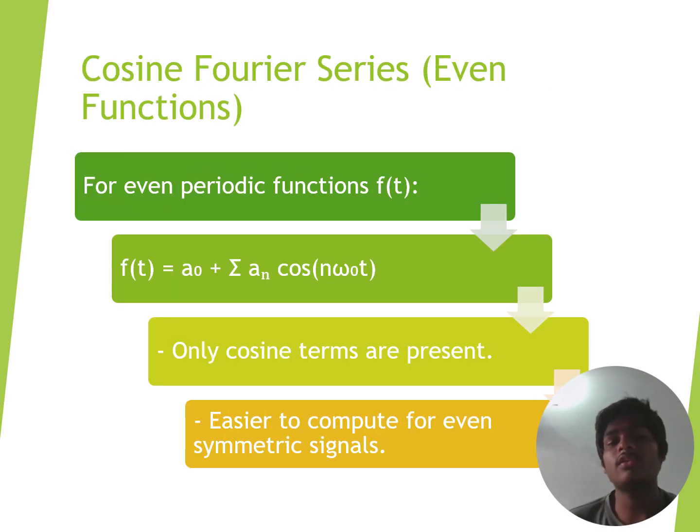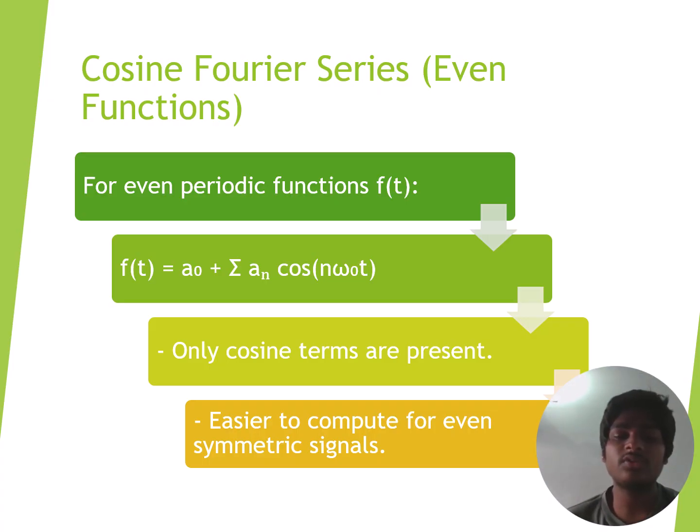Next, cosine Fourier series, which is for even functions. For an even periodic function, f of t equal to a naught plus summation of a n cos n omega naught t. In this cosine Fourier series, only cosine terms are present.